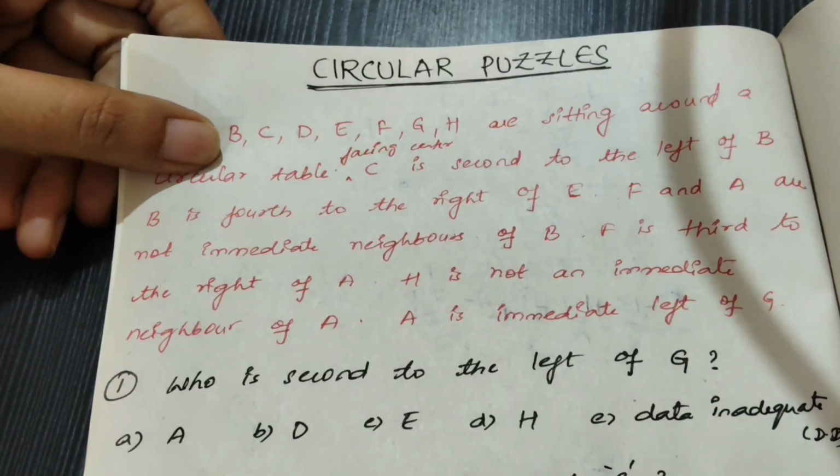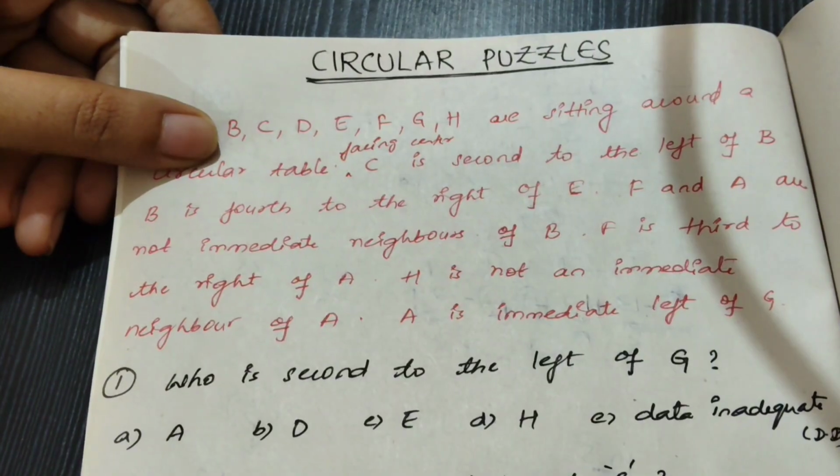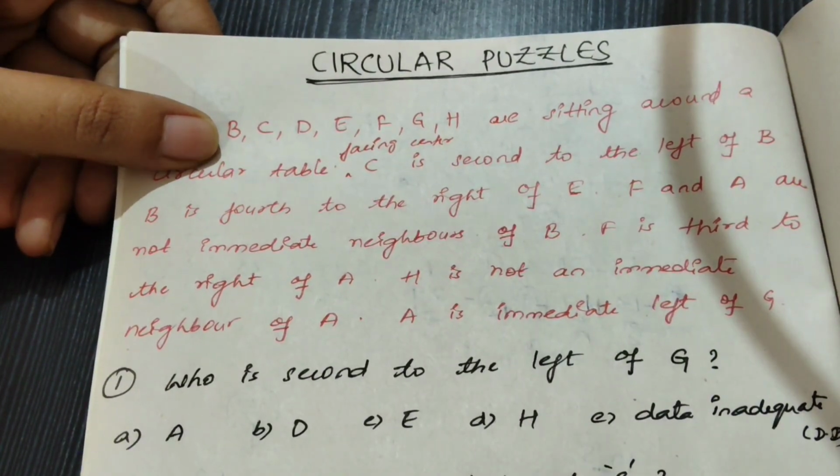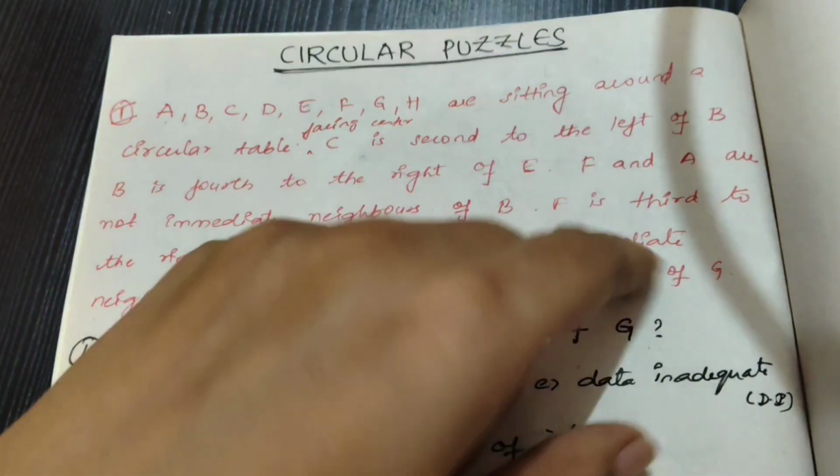Initially, try to practice these simple puzzles and then increase your level. Even if you are confident, especially if you are practicing for the first time, don't go for moderate levels, because unnecessarily you will panic. Puzzles are a very scoring topic.